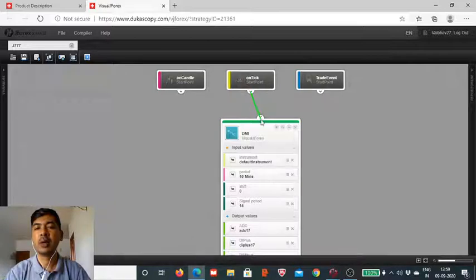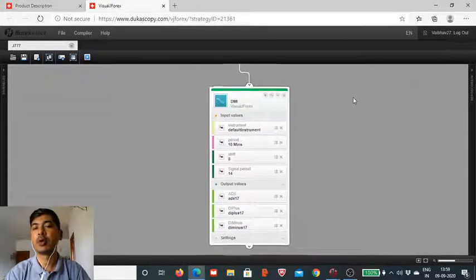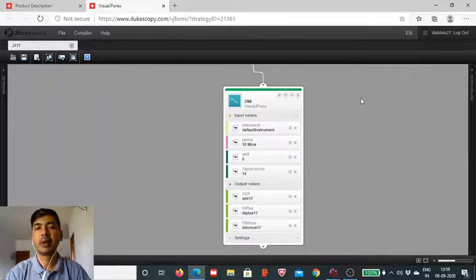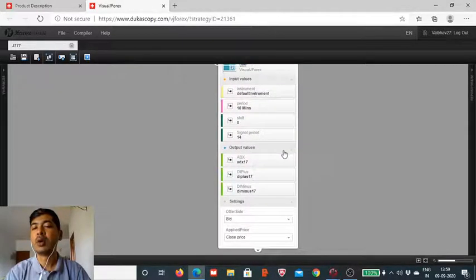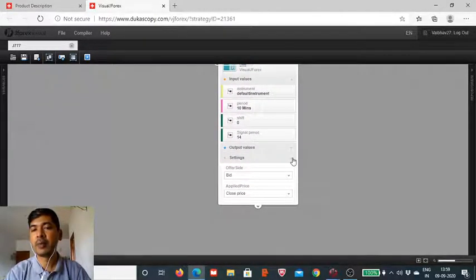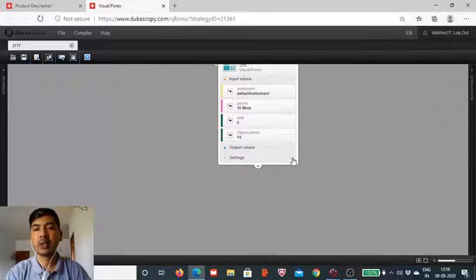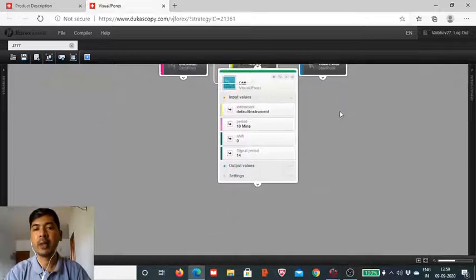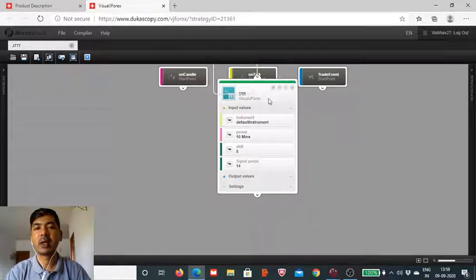So here we are going to use the on-tick as our start point for today's session. Now coming to the DMI, we have to define the input parameters, and depending on the input parameters we get the output parameters, the output value, which then can be utilized to carry out the conditions or the requirement defining loops.